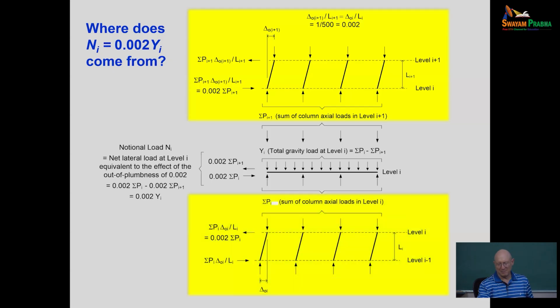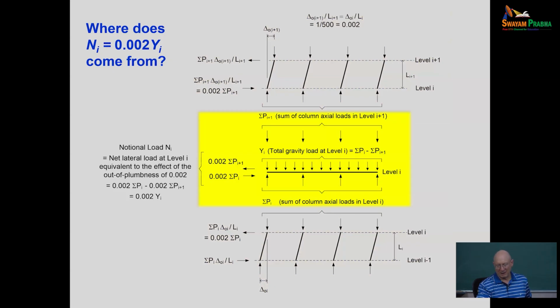Now I can do the same on the lower story here, the story i. Same equations but with subscript i. All right, well, Newton's third law, I should have equal and opposite forces from each of these stories coming into the free body diagram of the floor level here. And so when I add up those forces that come in at this floor level, the difference in the summation P's is Y sub i.